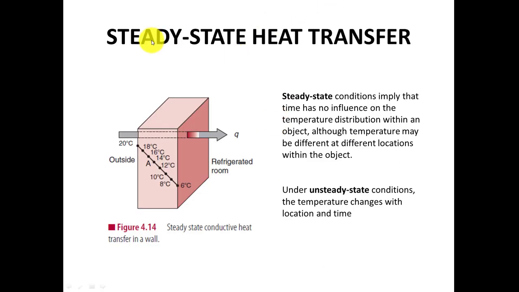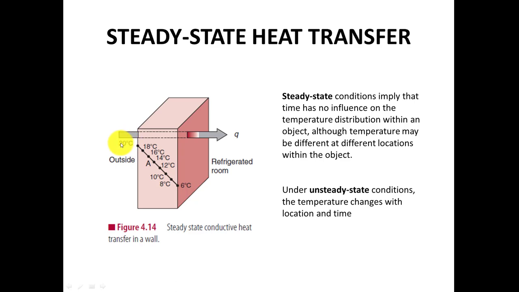So, steady state conditions. So far we have covered some examples like conductive heat transfer through a rectangular wall and tubular pipe. All were examples of steady state heat transfer conditions. Simply, this is the outside region and this is the inside region, and it is a wall.